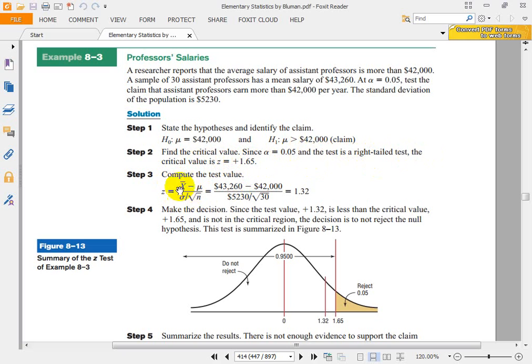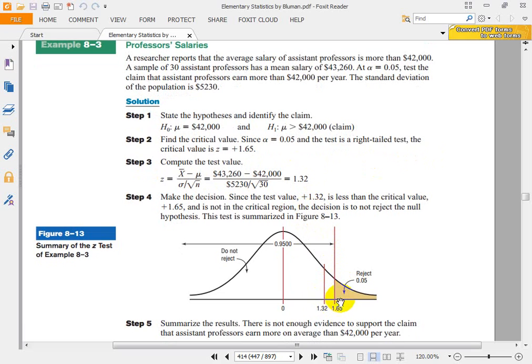So now I'm calculating this one, I'm getting 1.32. So now you see 1.32 is quite well within this critical value 1.65. So I should make the decision that since the test value is 1.32 and it is less than the critical value 1.65, and is not in the critical region, the decision is not to reject the null hypothesis, and that is the decision they are making.